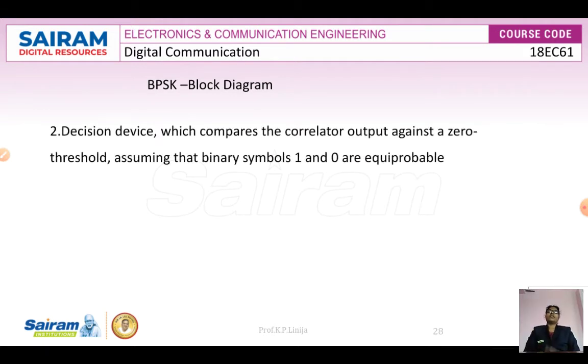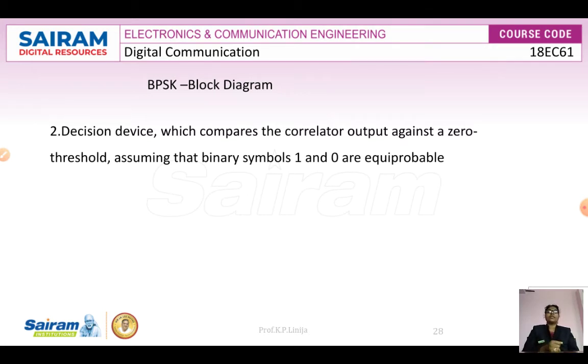And the second component is nothing but the decision device. So basically we know the decision device will act as a comparator. Here in our binary PSK receiver, this decision device compares the correlator output against a zero threshold, assuming that binary symbols 1 and 0 are equiprobable.